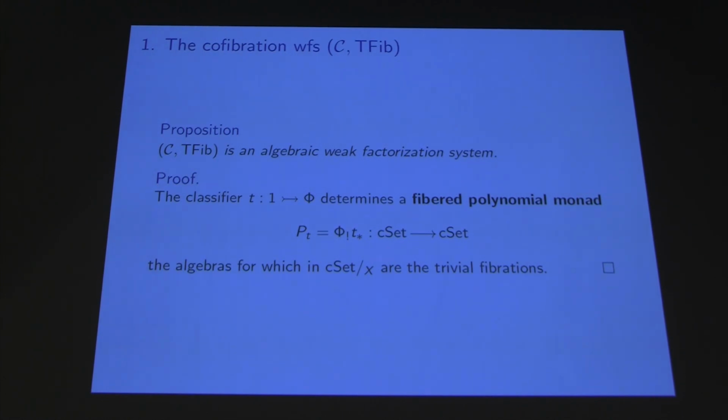The fact that this weak factorization system is not just any old weak factorization system, but it's an algebraic one in the sense of Richard Garner and Emily Riehl. That algebraic character is related to some ideas coming from type theory that I don't have time to explain, in terms of uniformity and type theoretic definability.